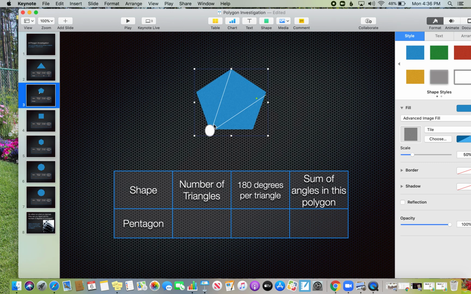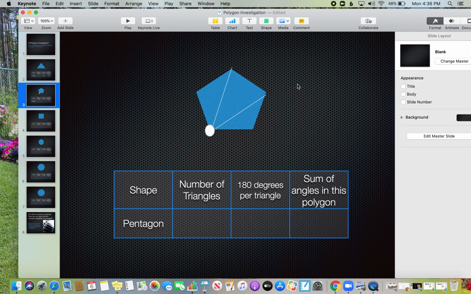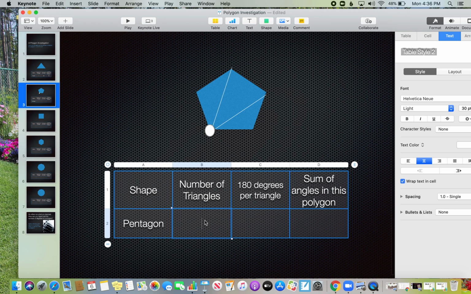But what I find when I do that is that I have one triangle, two triangles, three triangles within the whole pentagon. So the number of triangles in a pentagon is 3. Well, I already know from my previous investigation that there are 180 degrees per triangle.